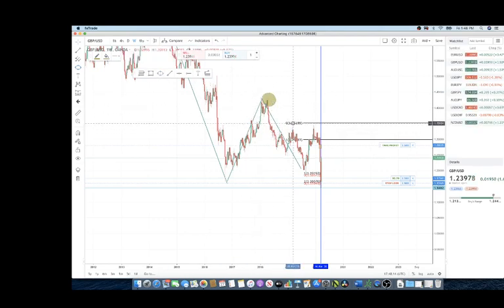There's that peak, there's this peak, and there's this one, and much as these are kind of equal, the lows on the other side were showing a clear downtrend, and it was confirmed.